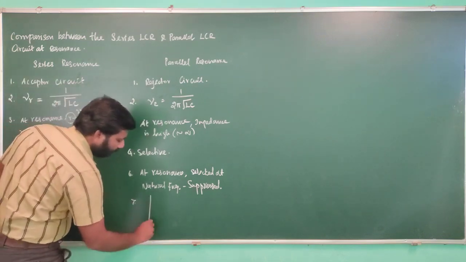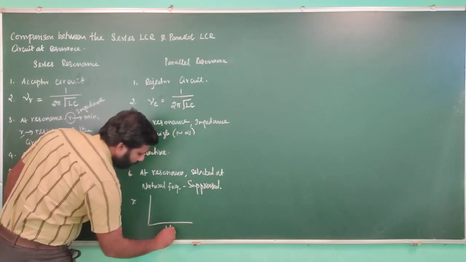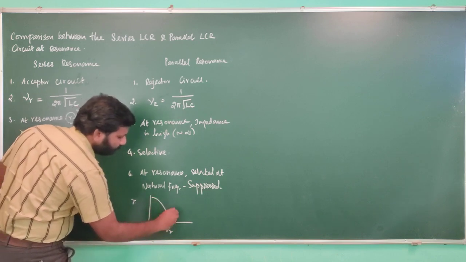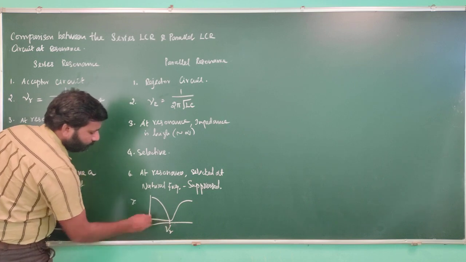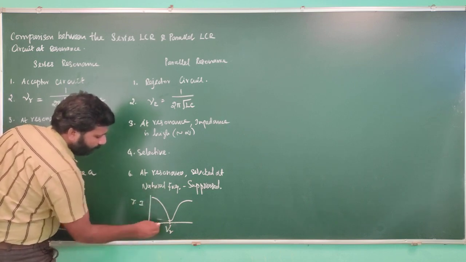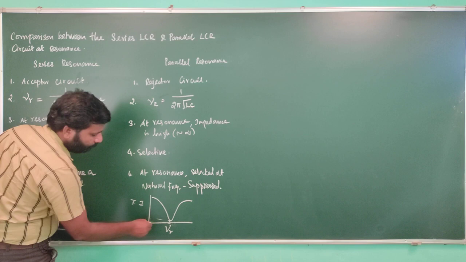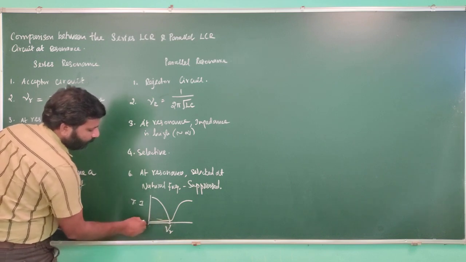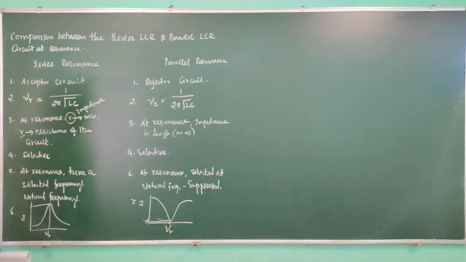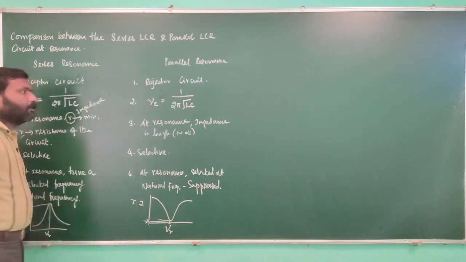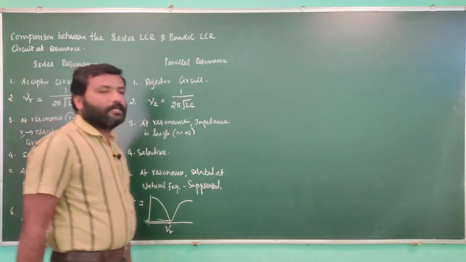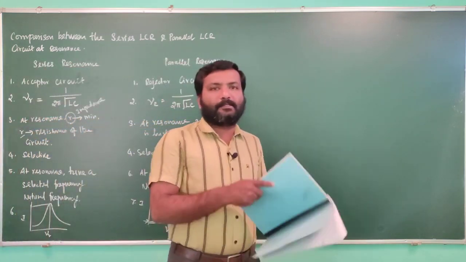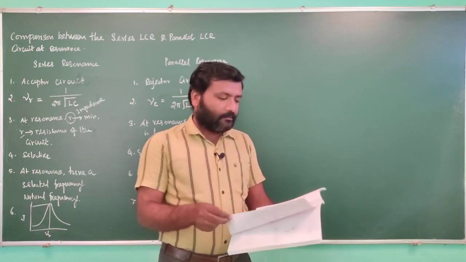When you look here, at natural frequency the current is minimum, so it is said to be a rejector circuit. So these are some of the salient features of a series and parallel LCR circuit at resonance frequency.